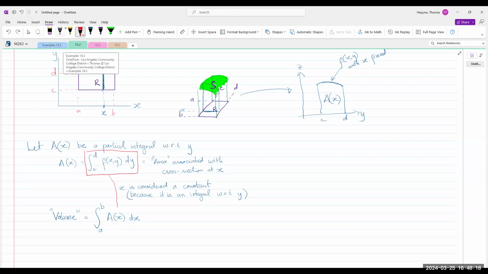Therefore we now see the following integral. If we substitute A(x) back, we will see the integral from a to b of the integral from c to d of f(x, y) dy dx.